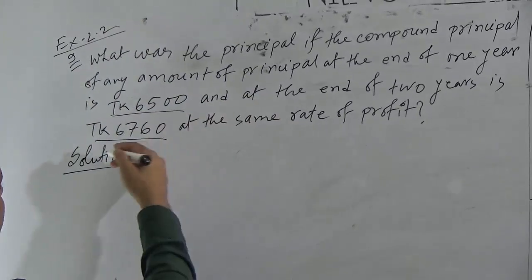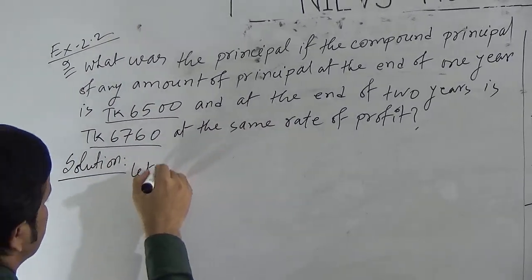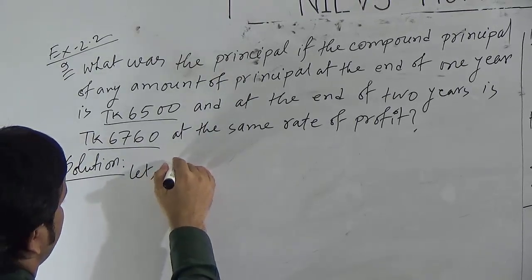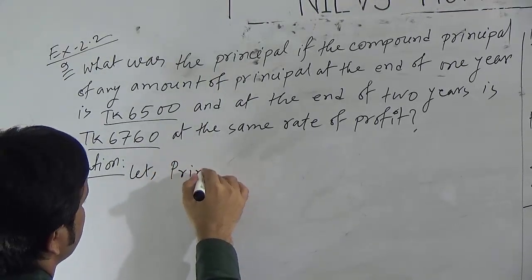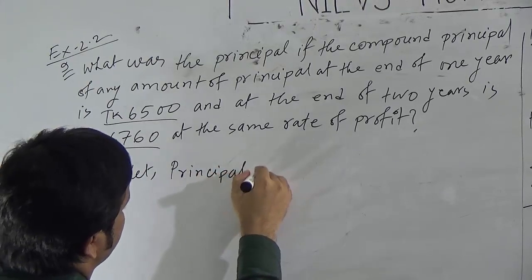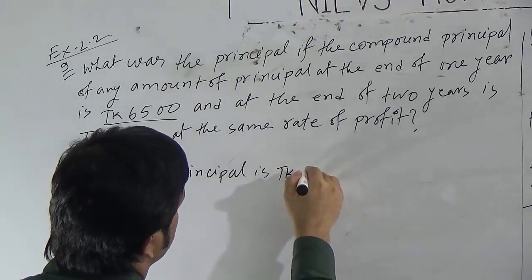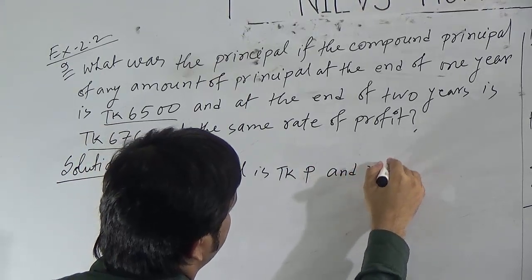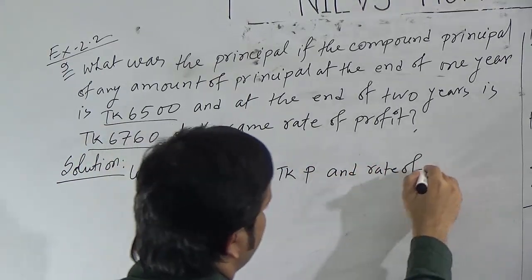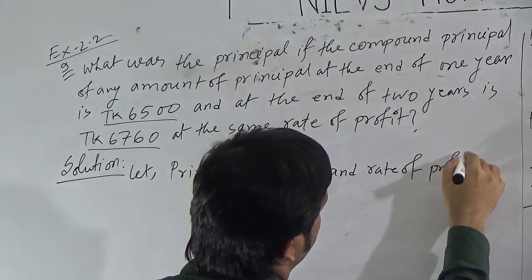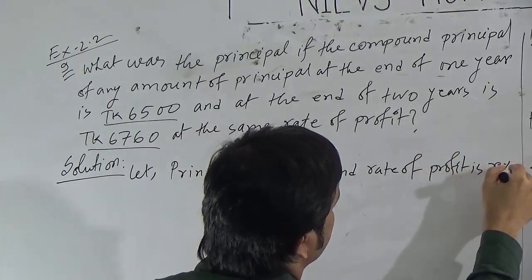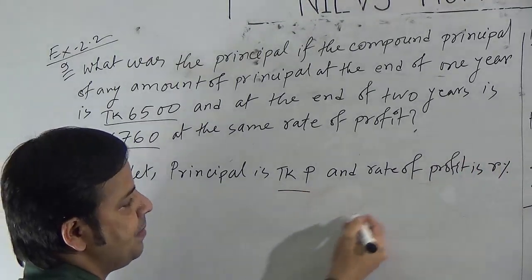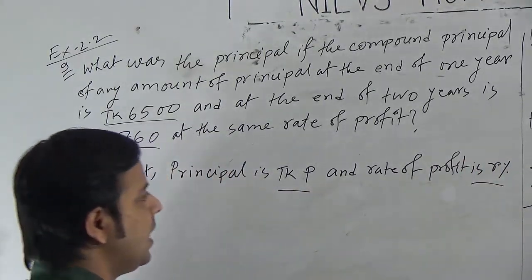As the principal is not given, at first I have to take the principal. Let principal be taka P and rate of profit be R%.